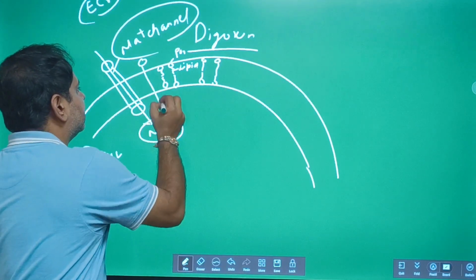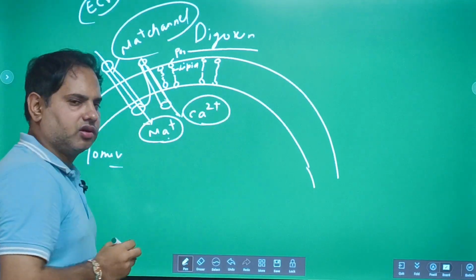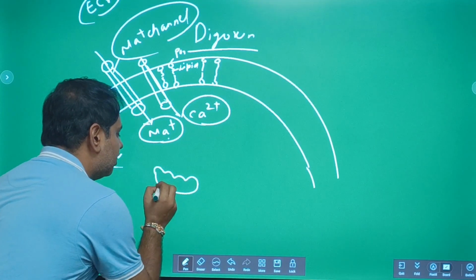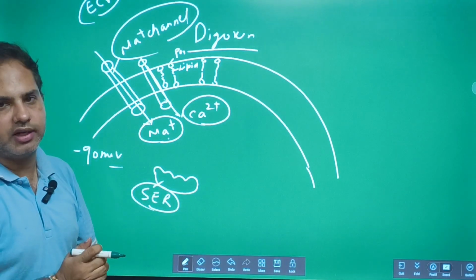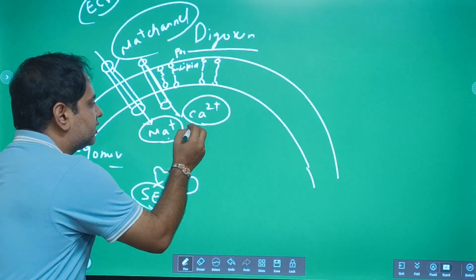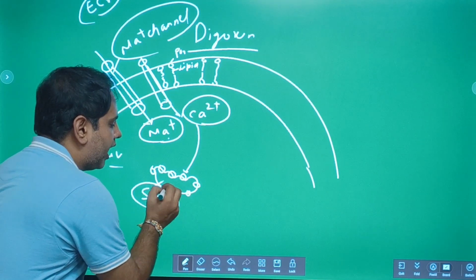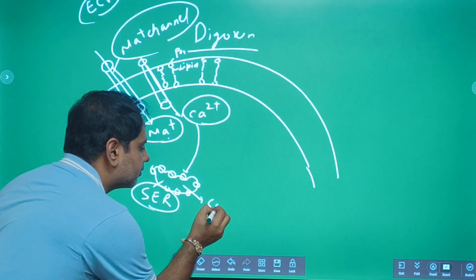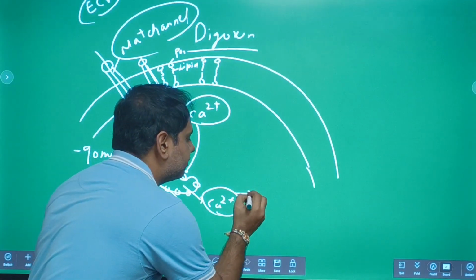Voltage gated calcium channels also open, so calcium moves from outside to inside the cells. Inside the cells, the organelle known as smooth endoplasmic reticulum is the internal storehouse of calcium ions. The smooth endoplasmic reticulum has receptors for calcium and has already stored calcium ions. So these calcium ions will be released, and this calcium is going to bind with one protein. That protein's name is tropomyosin.